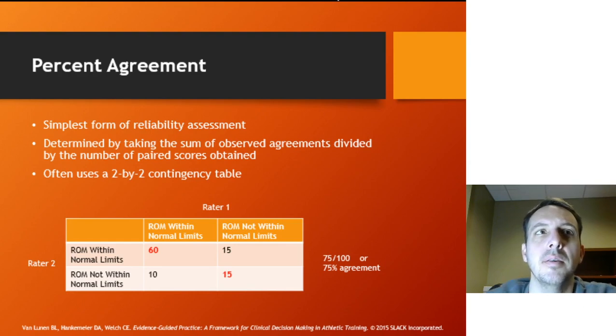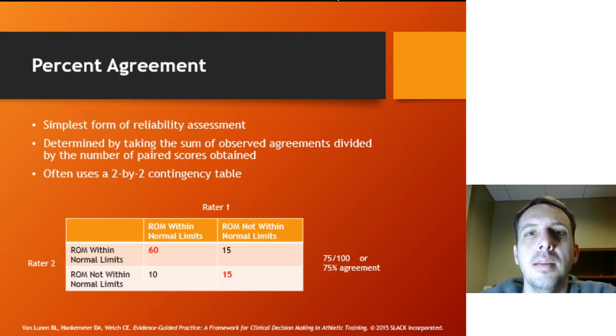So percent agreement is the simplest form of reliability assessment, and basically what we're going to do, as opposed to assessing actual ratio data or interval data, is take the data and turn it into a nominal data set. And if you remember, a nominal data set is simply a naming data set.